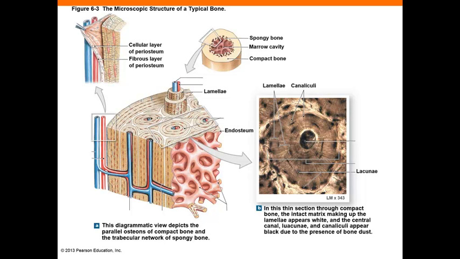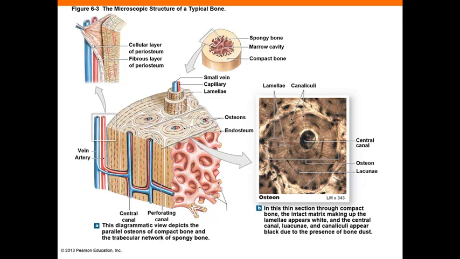Canaliculi are small channels that run through the matrix, and they connect the lacunae and blood vessels. Compact bone has these repeating functional units that are called osteons. And an osteon is made of concentric circles of lamellae surrounded by a central canal that has blood vessels in it.